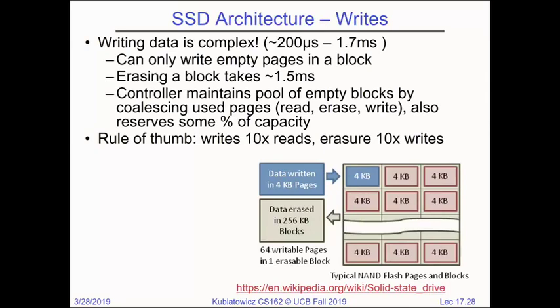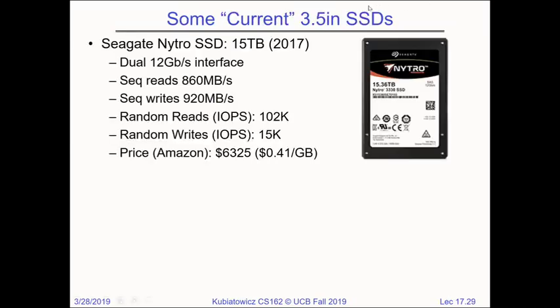Let's see, I guess that's all I really wanted to say. All right. So here is a current 3.5-inch SSD that looks exactly like a disk drive. 2017. It's got more performance because it's actually got dual 12 gigabit interfaces. The sequential reads and writes are 860 megabytes and 920. So you notice that's at least like a factor of 4 faster than a regular disk drive.